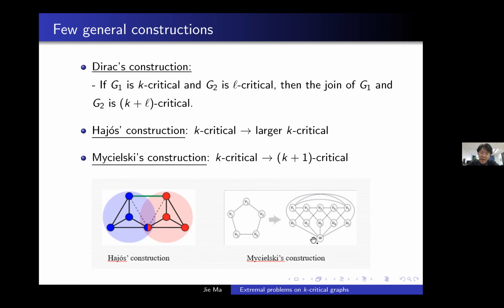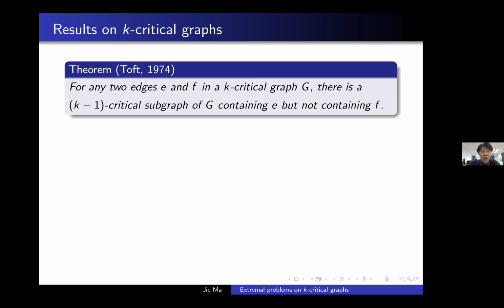And then I add an extra new vertex called W. This W is adjacent to all of the vertices in the new copy. And then we can show that if the original graph is K-critical, the new graph is K+1 critical. Okay, so that's basically what we know for constructions. There are some other special constructions to form K-critical graphs.